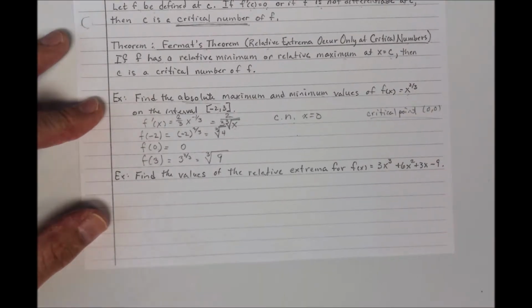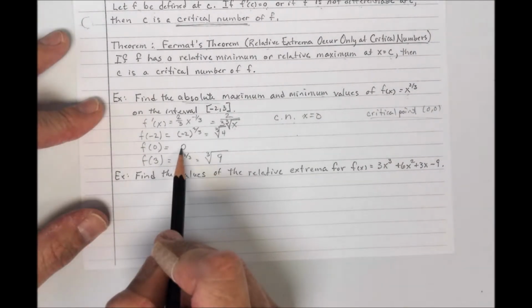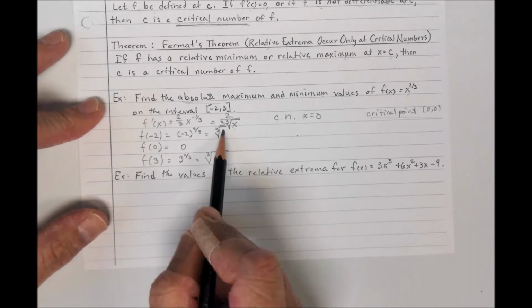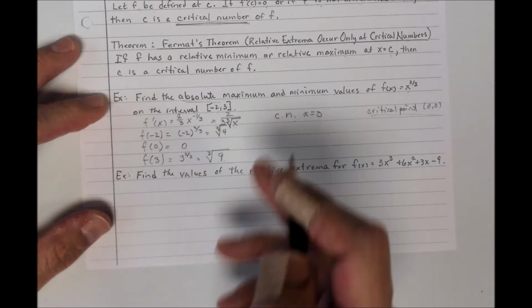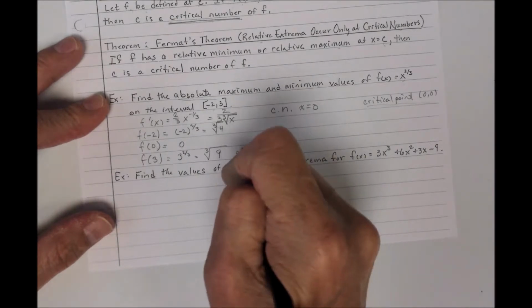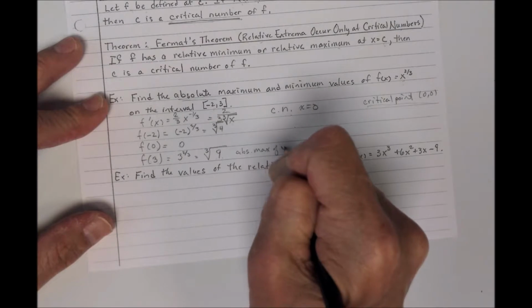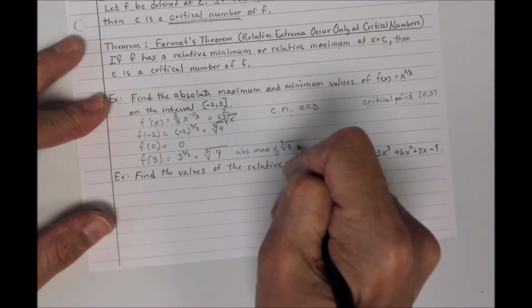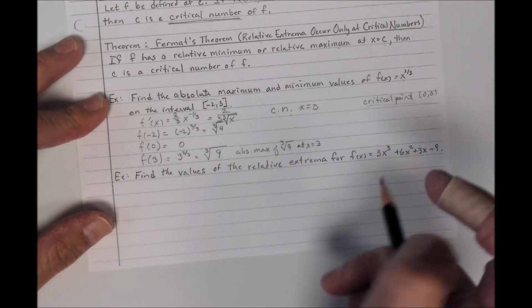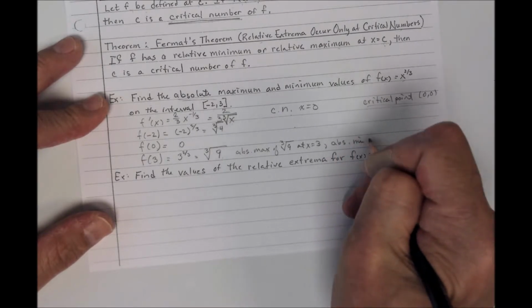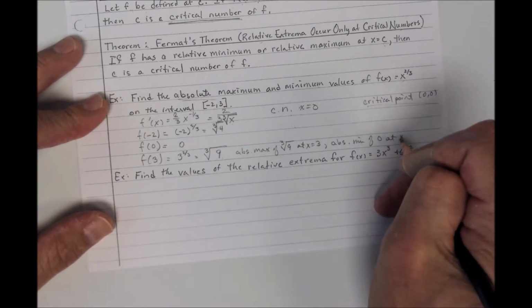Well, 0 is my smallest y value out of the 3, and the cube root of 9 is my largest y value out of the 3. All right, so I have an absolute max of the cube root of 9 at x = 3, and I have an absolute min of 0 at x = 0.